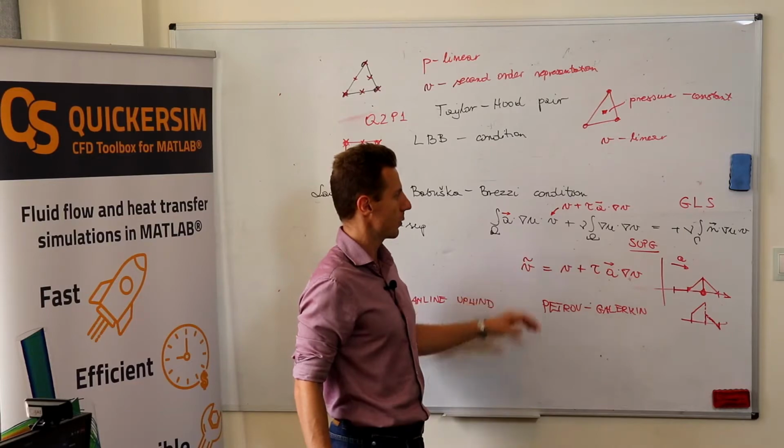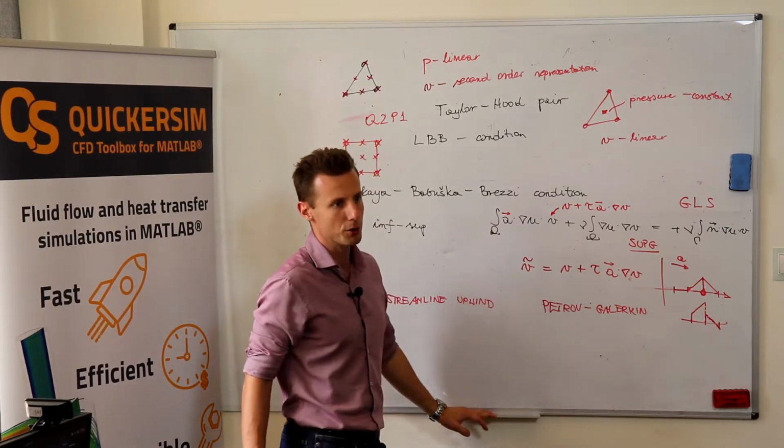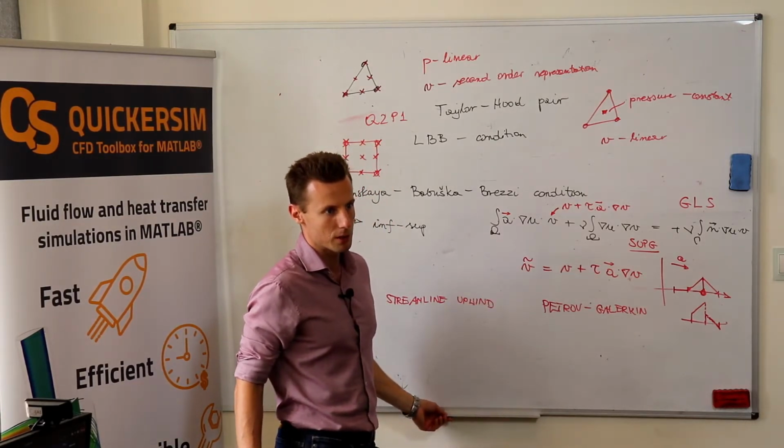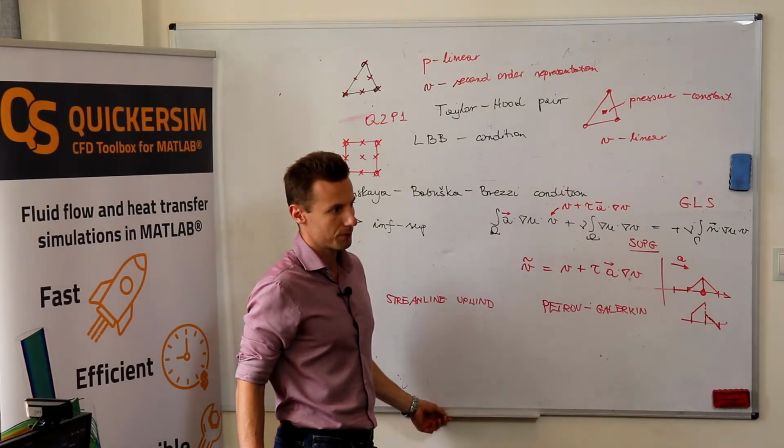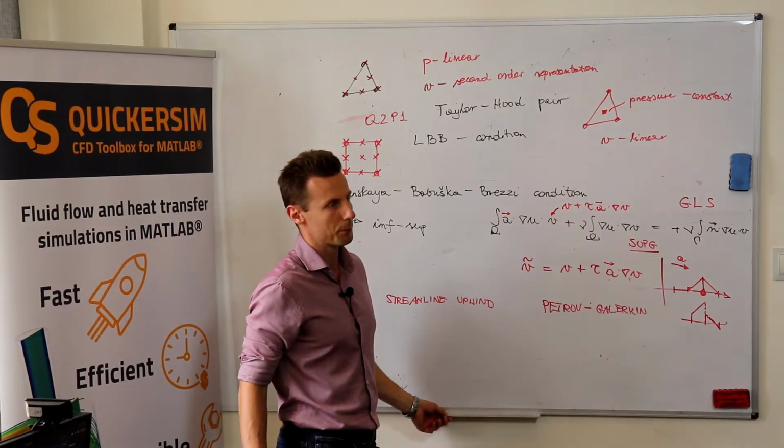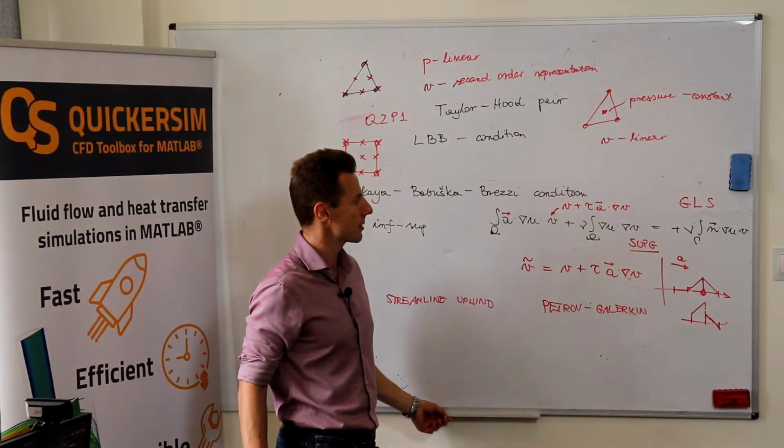So one difficulty is that you probably need to use a better Gaussian quadrature with a higher number of quadrature points.